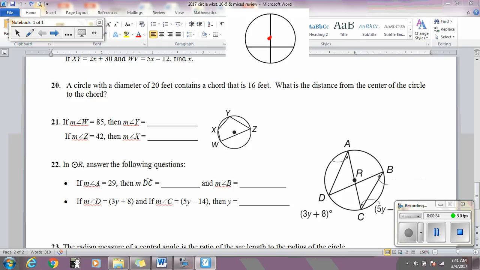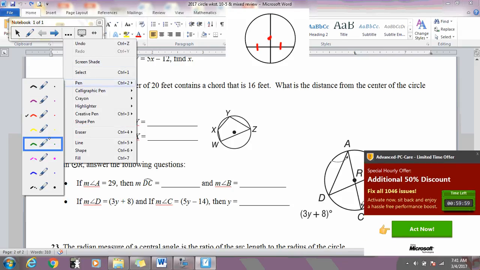So here's my center. And again, according to, I believe, 10.3 on page 3 of your notes, the diameter will bisect the chord. So that means this half of the chord is congruent to this half, and it's perpendicular to the chord.